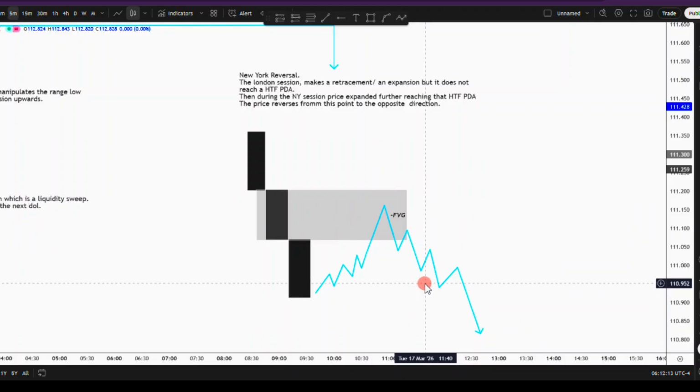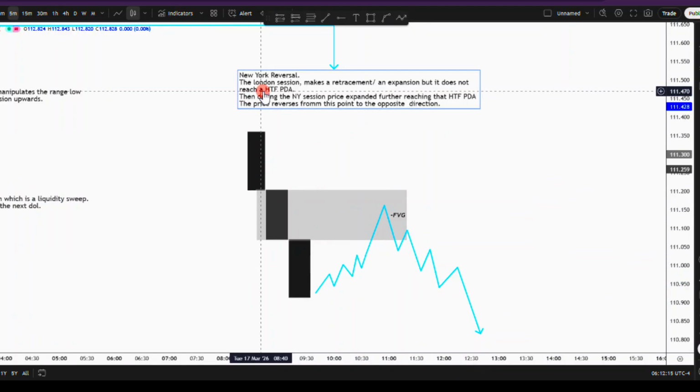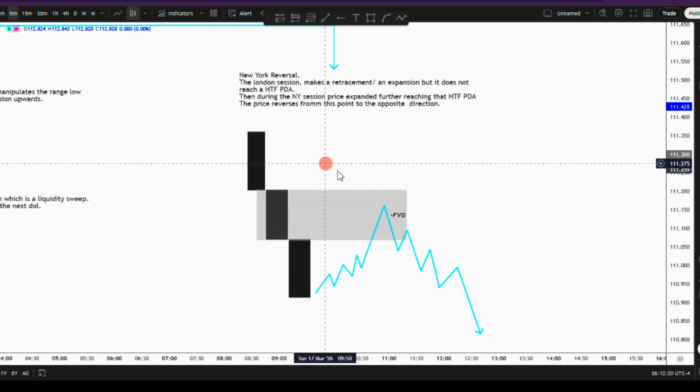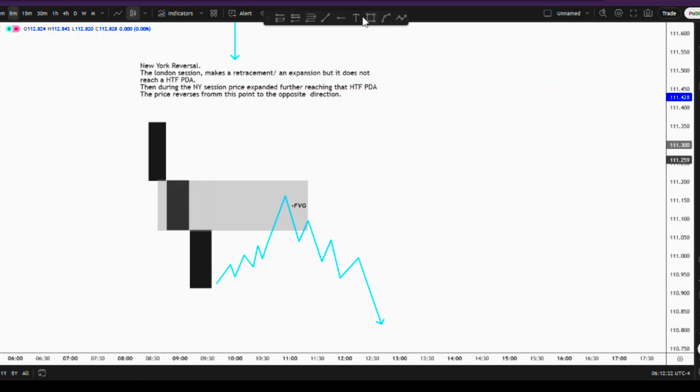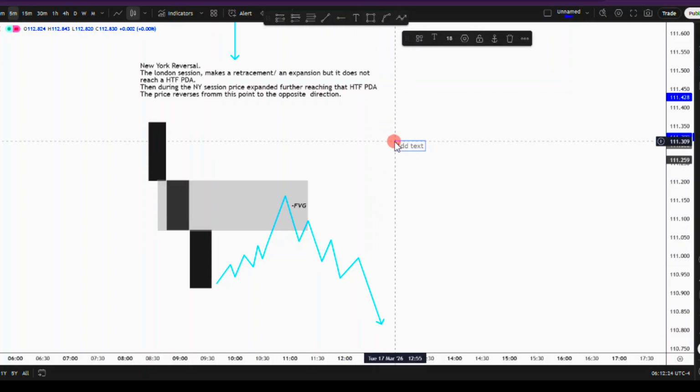So how do we identify this New York reversal? When we look for liquidity pools, here is our checklist. This is simply to understand the daily profile. You just need to understand power of three, the accumulation, manipulation, distribution. That is all you need to understand, because it's all that we use.